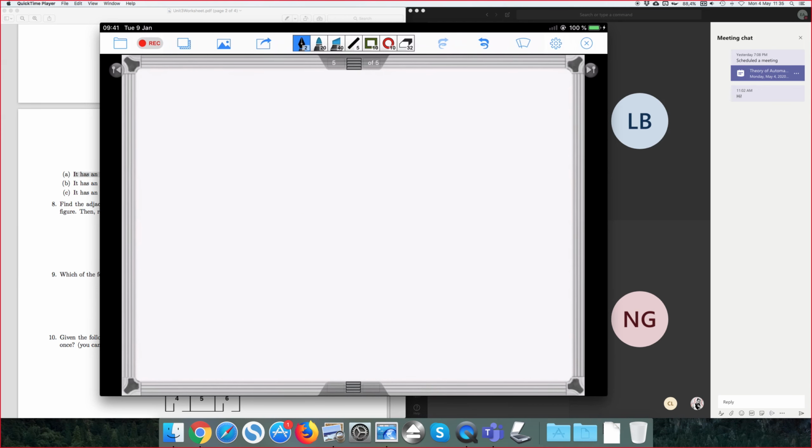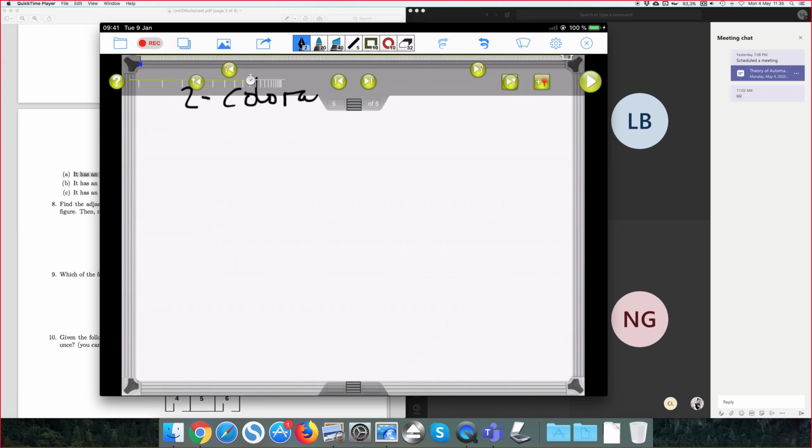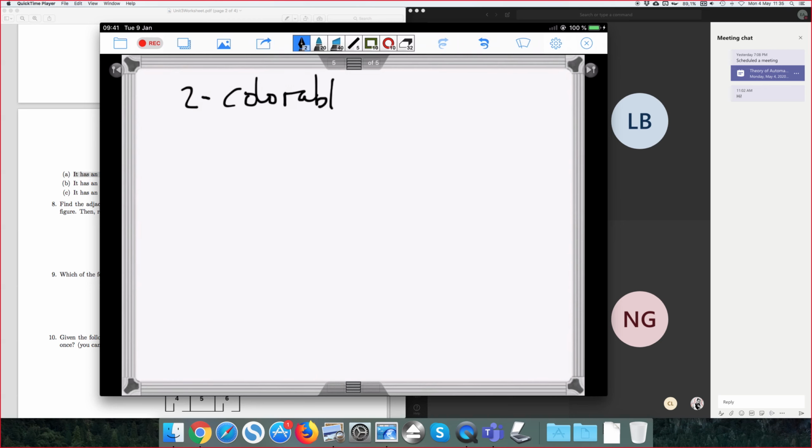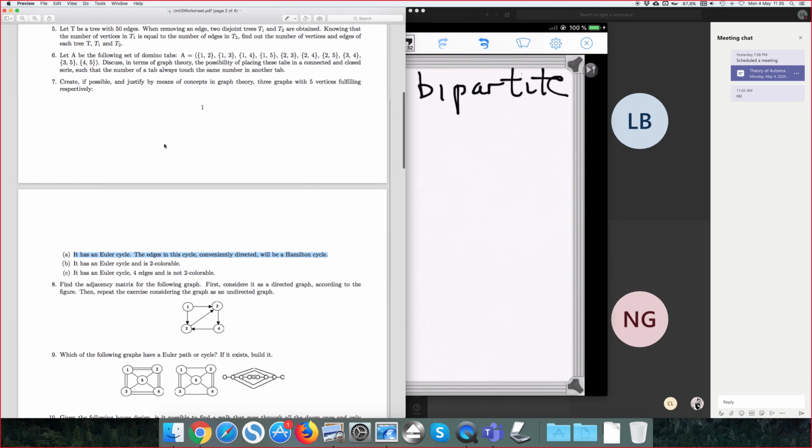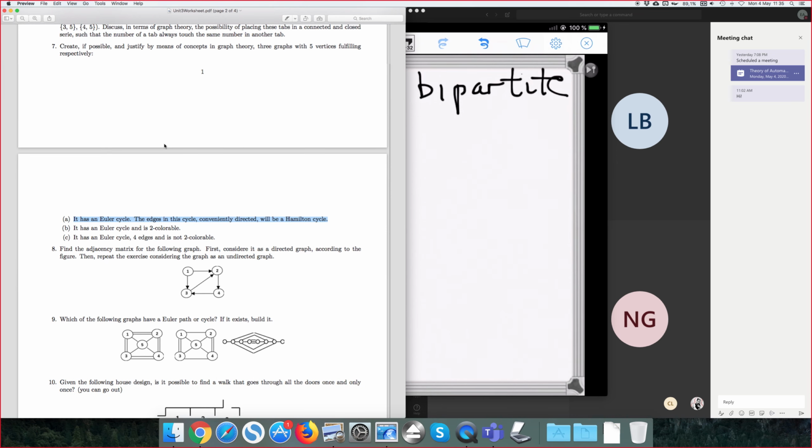We also have studied that being two colorable is equivalent to being bipartite. Okay, so it means that we need to have the graph in 2 parts. Okay, so this is something that we can try to do, or we can do something a bit more sneaky, which is notice that in no way in the exercise they are telling us that the graph needs to be connected.